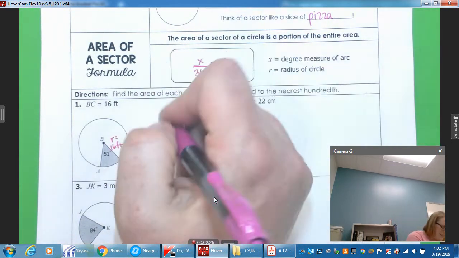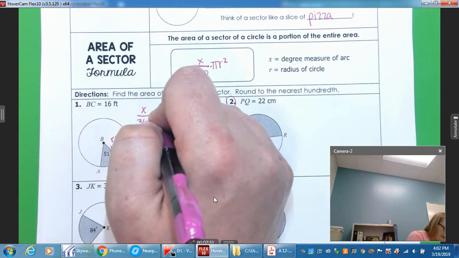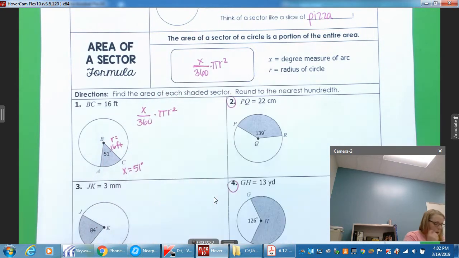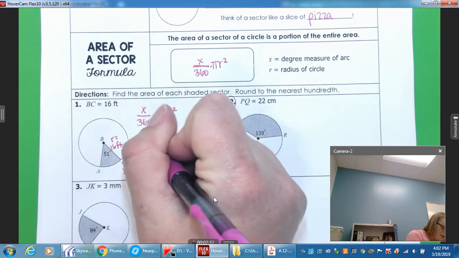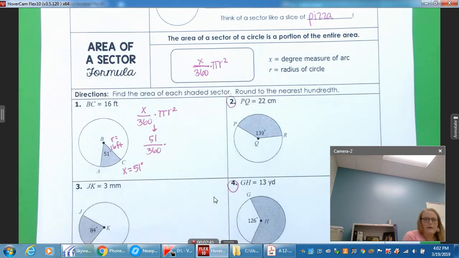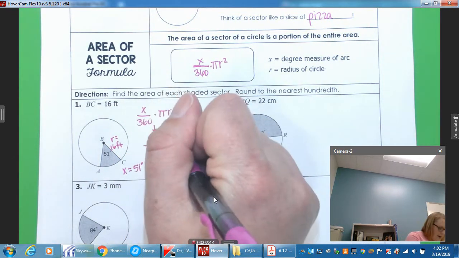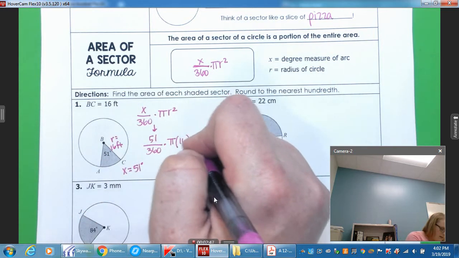So x over 360 times pi r squared. Okay, using that, I'm going to plug in what I know. I know 51 is my x. All right, and then pi times the radius, which is 16 squared.